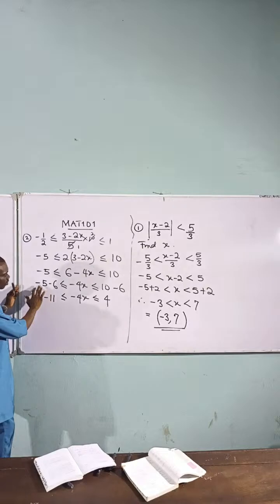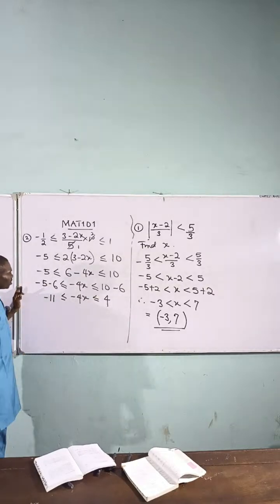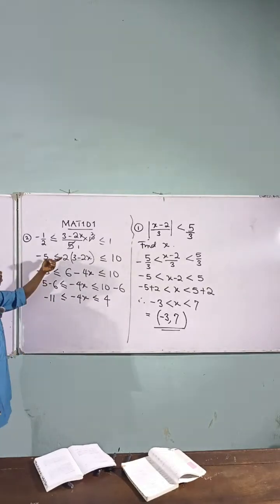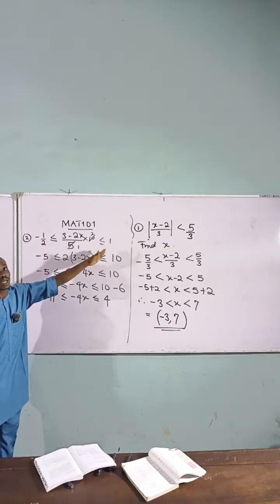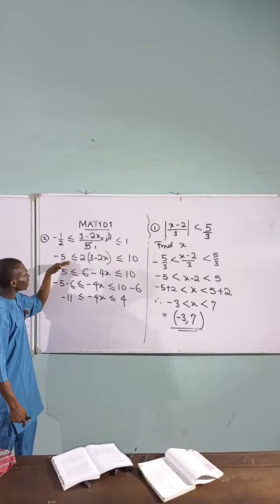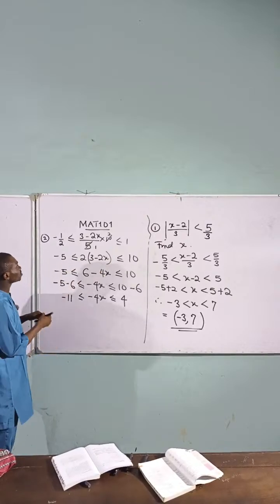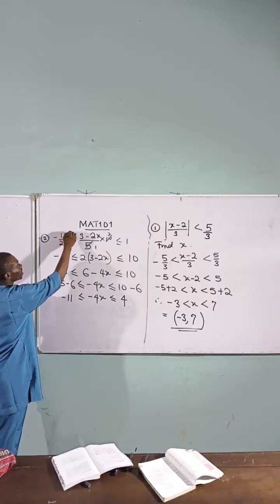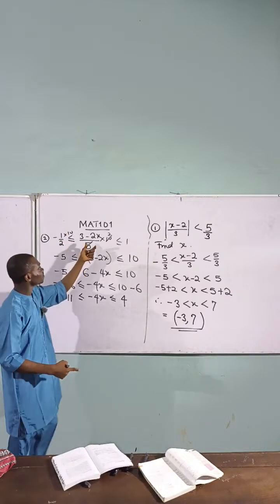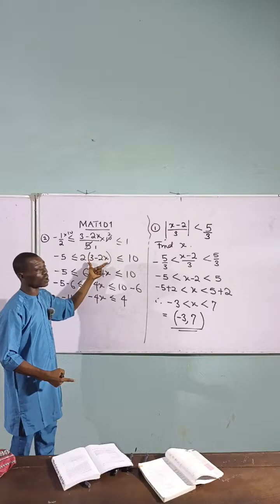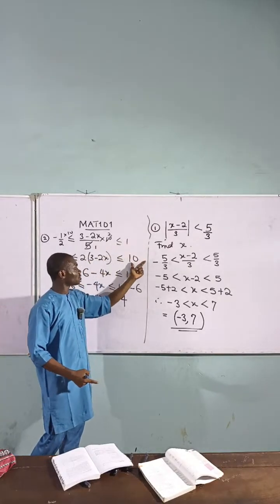All right, so look at what we have here. When we had fractions, we took the LCM, used it to multiply through, and that gave us this. Of course, if 10 multiplies here, 2 will cancel 10 to give us minus 5, and then I showed you how we got this one, and 10 multiplied here to give us this.